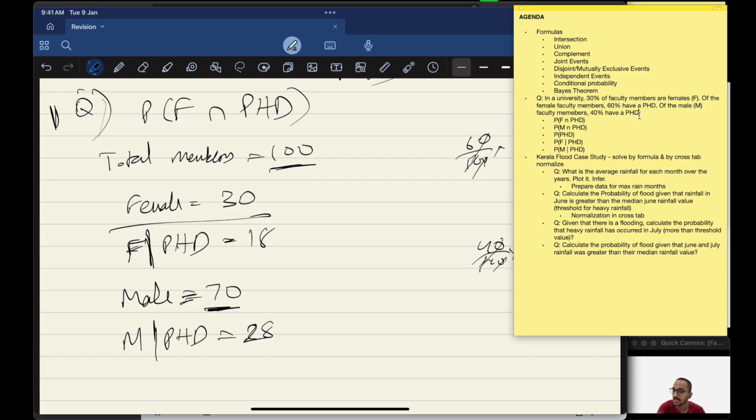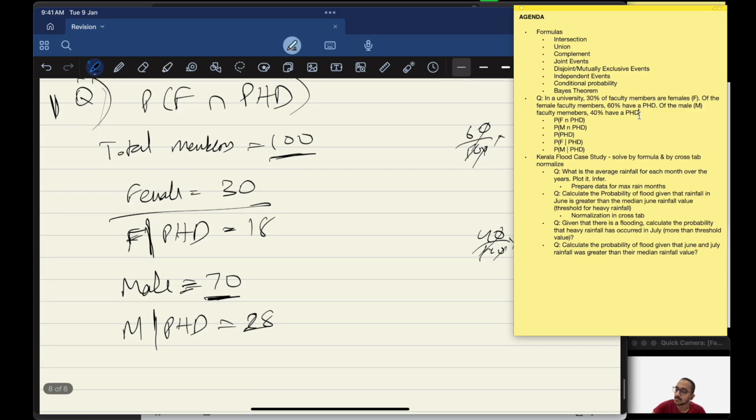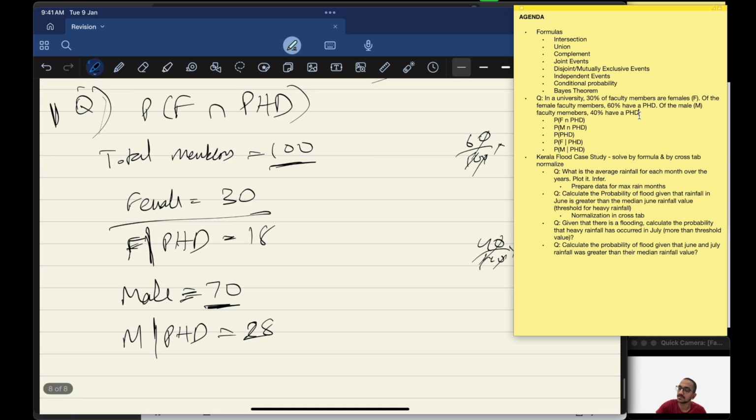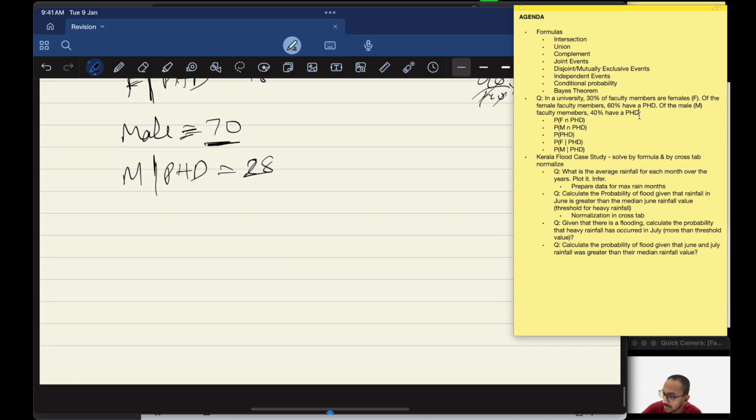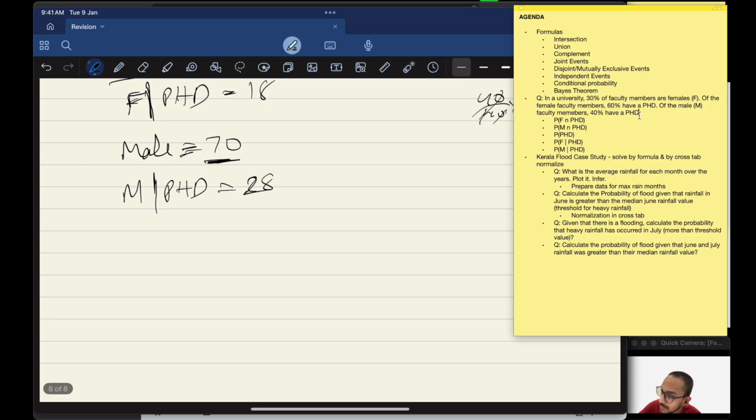Now the question is asking what is the probability of a randomly chosen person from this sample being a female, and that female has a PhD degree. So we'll use the tree diagram here.